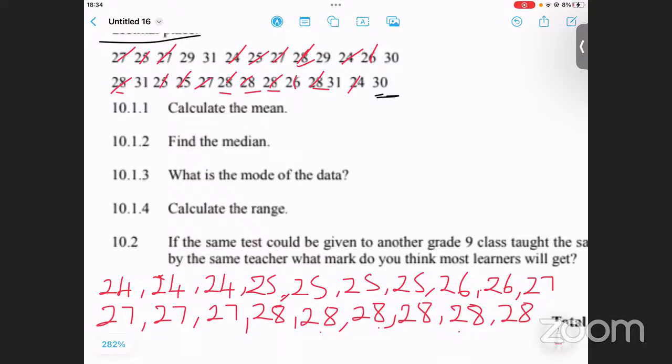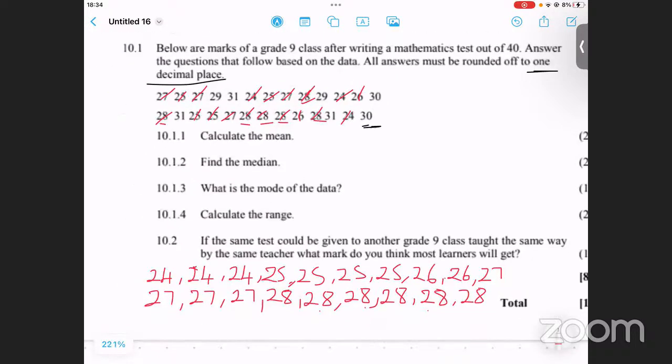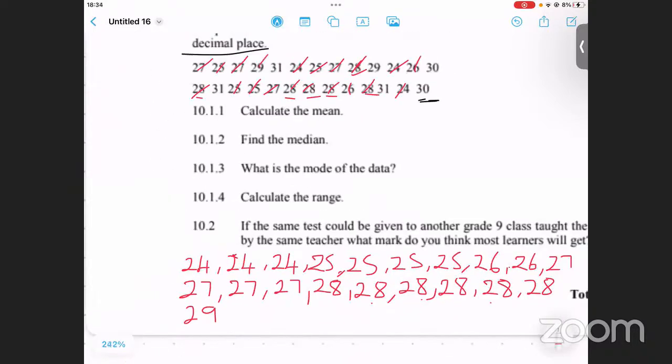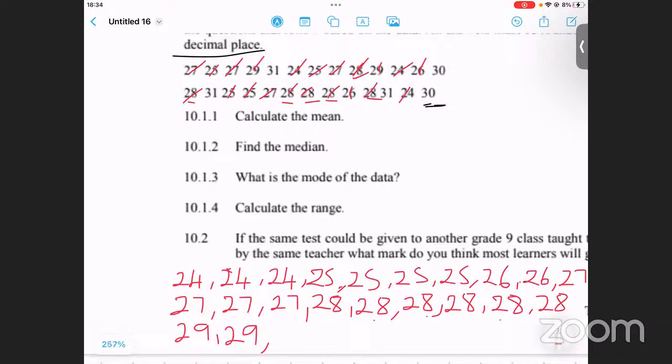And what else? Then we have 29, another 29. And then 30, another 30, another 30.